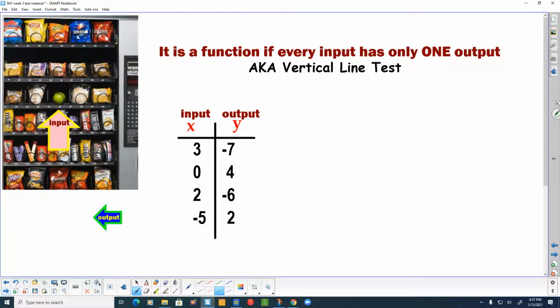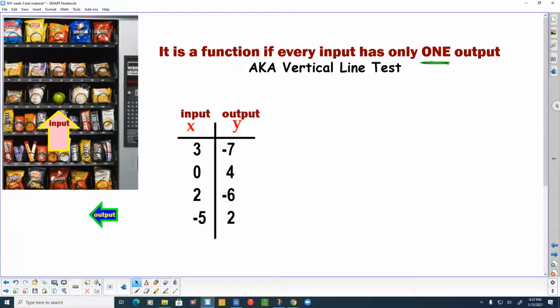Here's the definition of a function. It is a function if every input has only one output. Only one, that's key, one output. So here are my inputs. I'm looking at the vending machine. If I push this button, I'm expecting an apple to come out. That's my input, the button.